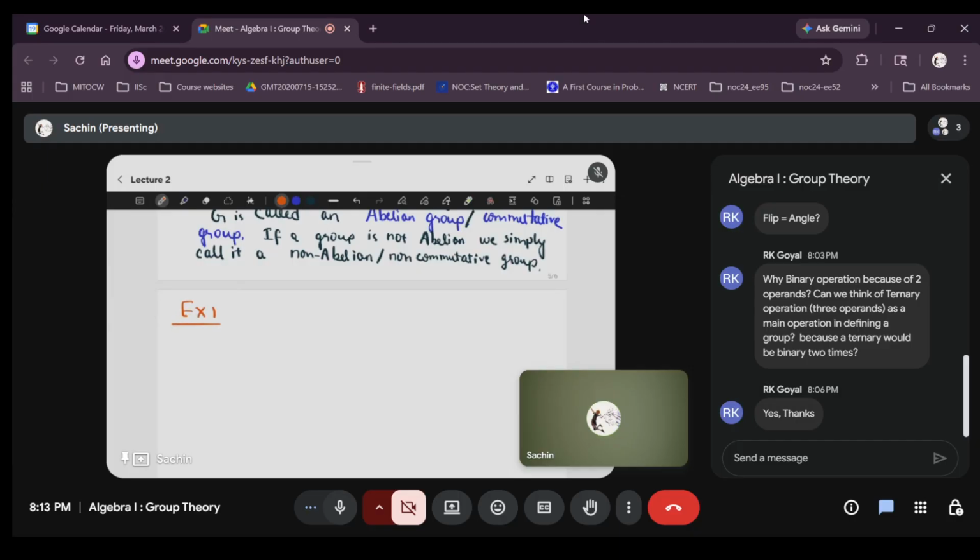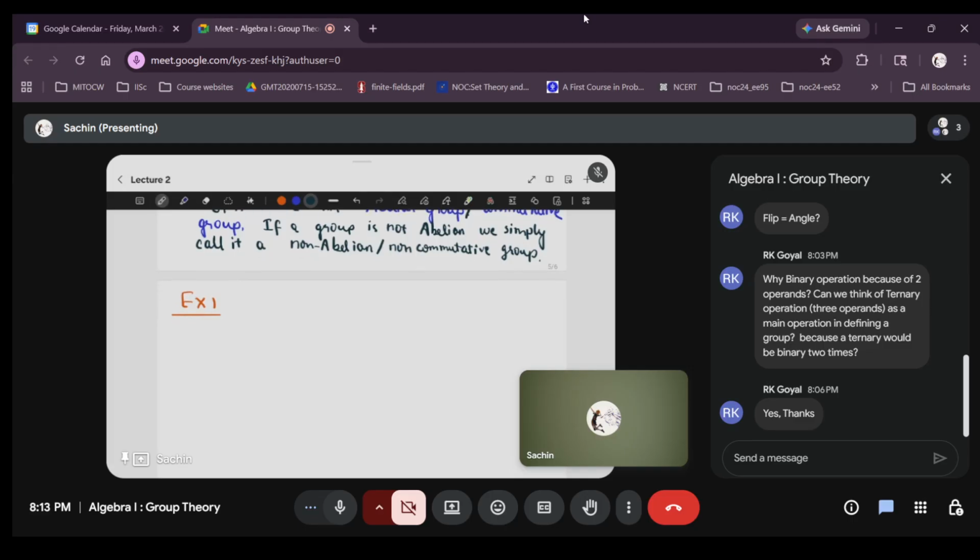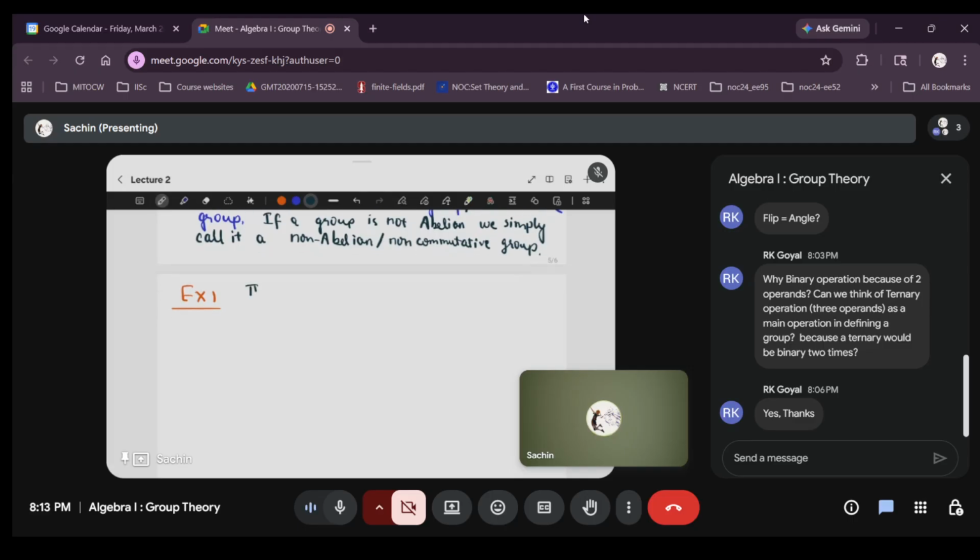Example one, the set of integers Z, which is actually our model for the group structure itself.